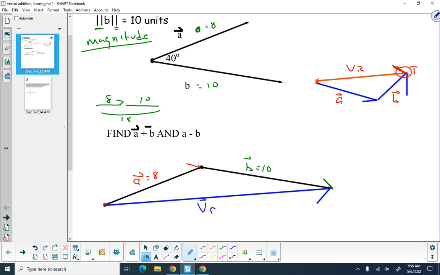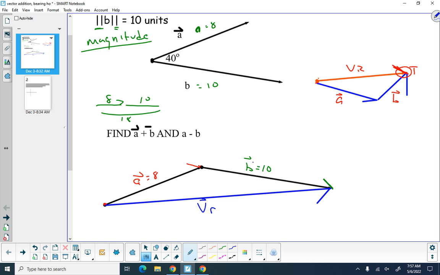The sum of any two sides of a triangle has to be greater than the third side. If I add up these two right here, it has to be bigger than the third side. This has to be smaller than the sum of these two sides. So what we have created is a triangle.